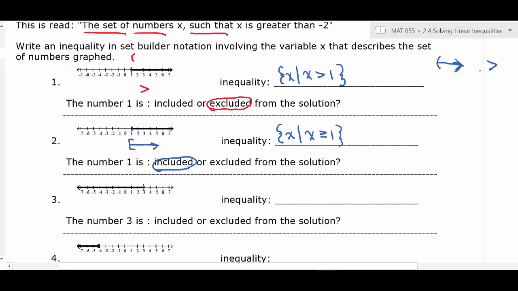So what you're going to notice on this is if you have a parenthesis to the right, it's greater than. If you have a bracket to the right, that's greater than or equal to. So in this case, 1 is a solution, and in the previous problem 1 is not a solution. That's the difference between the symbolism of a parenthesis and a bracket.